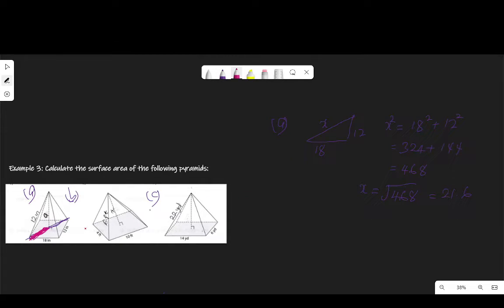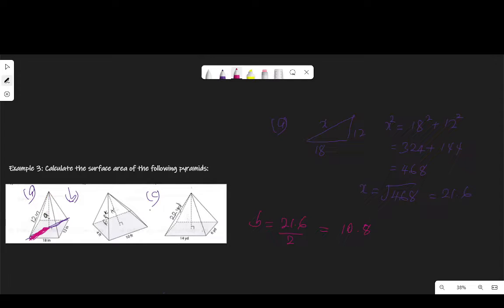Let me call it B. So B is equal to 21.6 divided by 2, which is approximately 10.8.